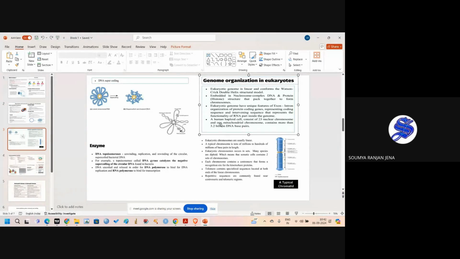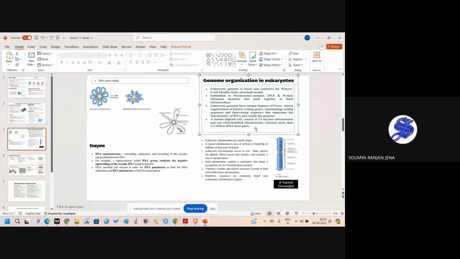If we go to a human haploid cell, it consists of 23 nuclear chromosomes and one mitochondrial chromosome, and contains more than 3.2 billion DNA base pairs. As we know, we have 23 nuclear chromosomes and one mitochondrial chromosome present in mitochondria.